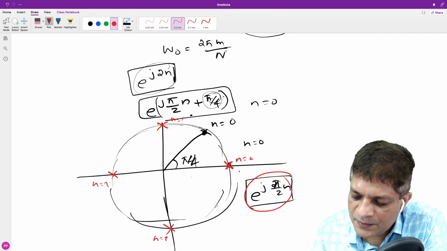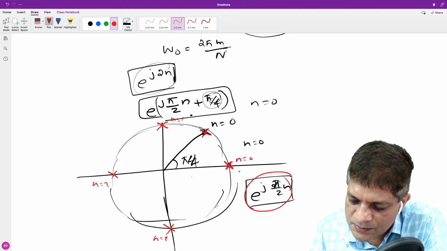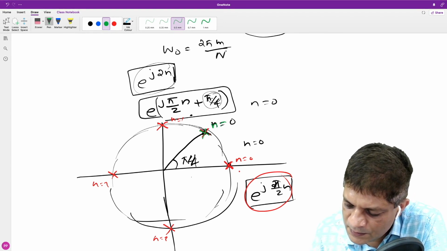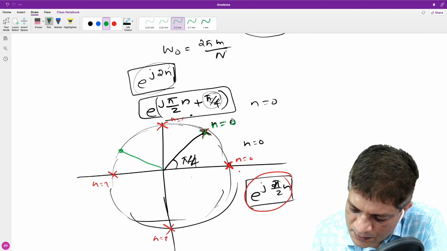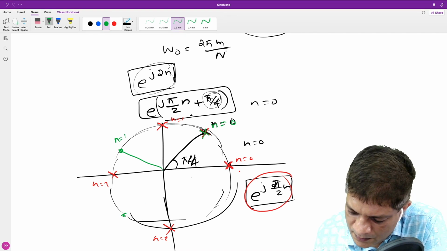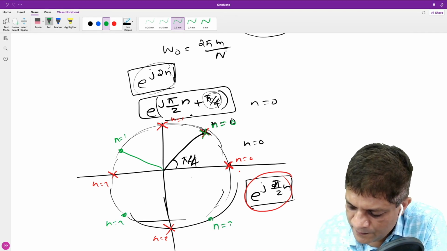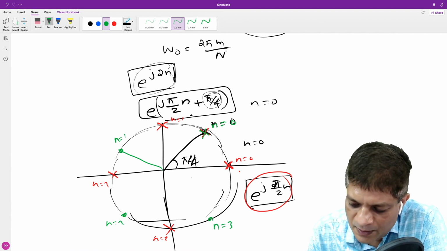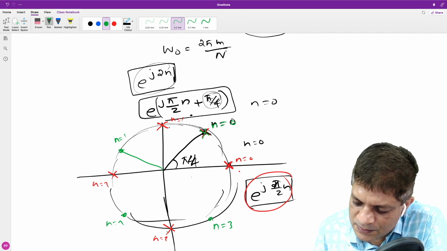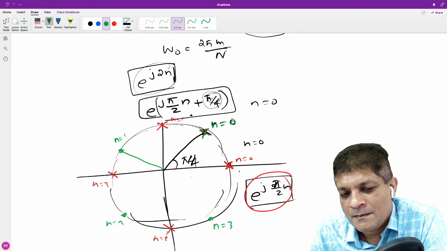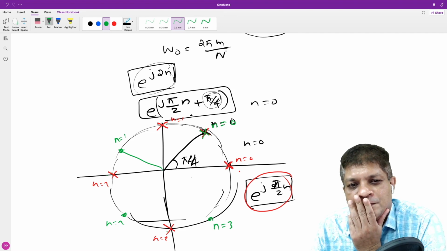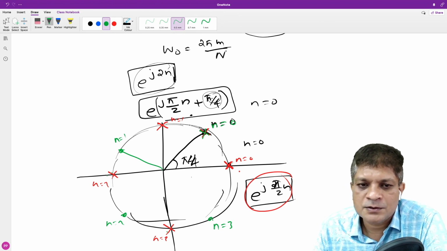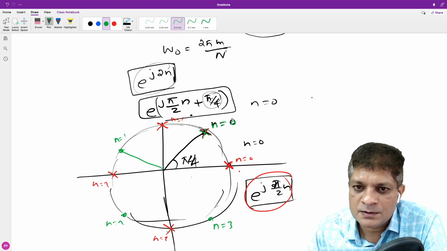Now, if there is a phase shift of pi by 4, this one is 0, and here this one is 1. My question is, can we get this signal by shifting this sequence? Is it possible? I am talking about this particular signal.